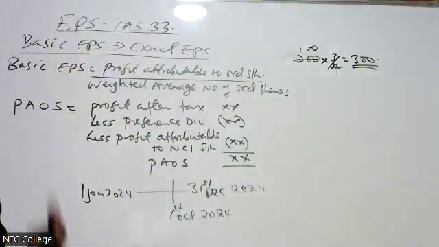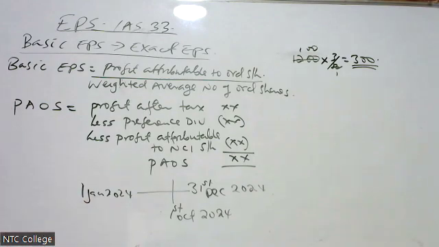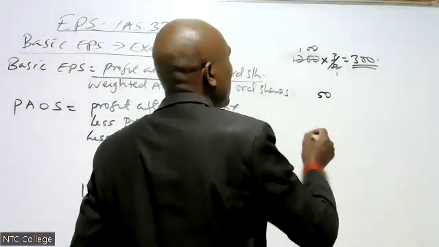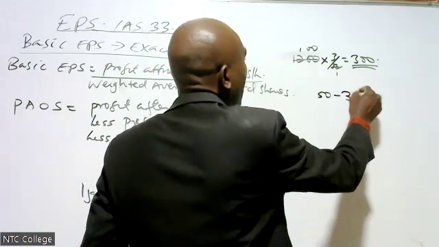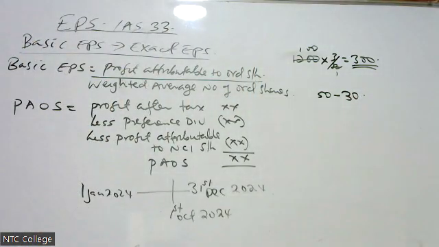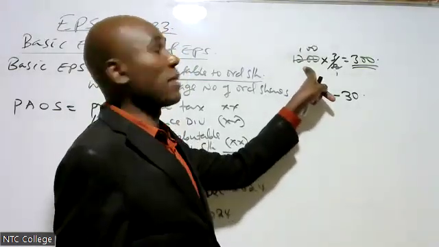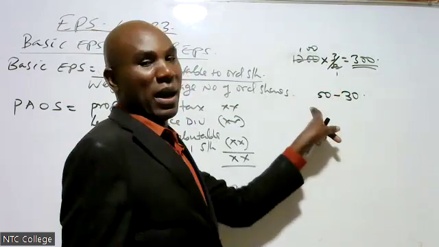Or for example, you took my shares but did not pay the full amount. My market price is 50, and you only paid 30 out of 50. You have not fully paid the shares. So you took 1,200 shares, you came in October, and you also did not pay the full amount.